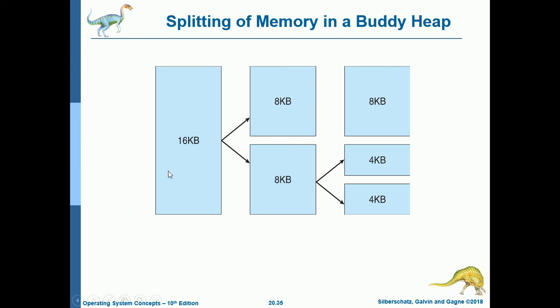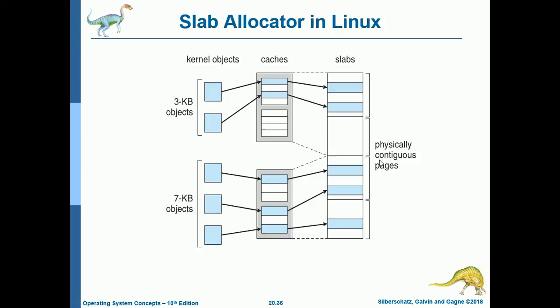Of course, if it were not divided, you would waste 14 kilobytes. So it will always divide by 2 until, for example, you only need 2. So 4 can still be divided into 2 to make it 2 kilobytes.